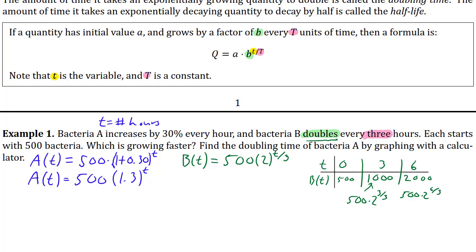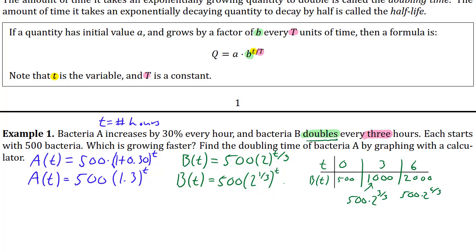If you want to know the doubling time or what the percent growth rate is every hour, we would need to write this in the form like this, 1 plus something to the power t. So to do that, this is going to turn into 500 times 2 to the 1/3 to the power t.